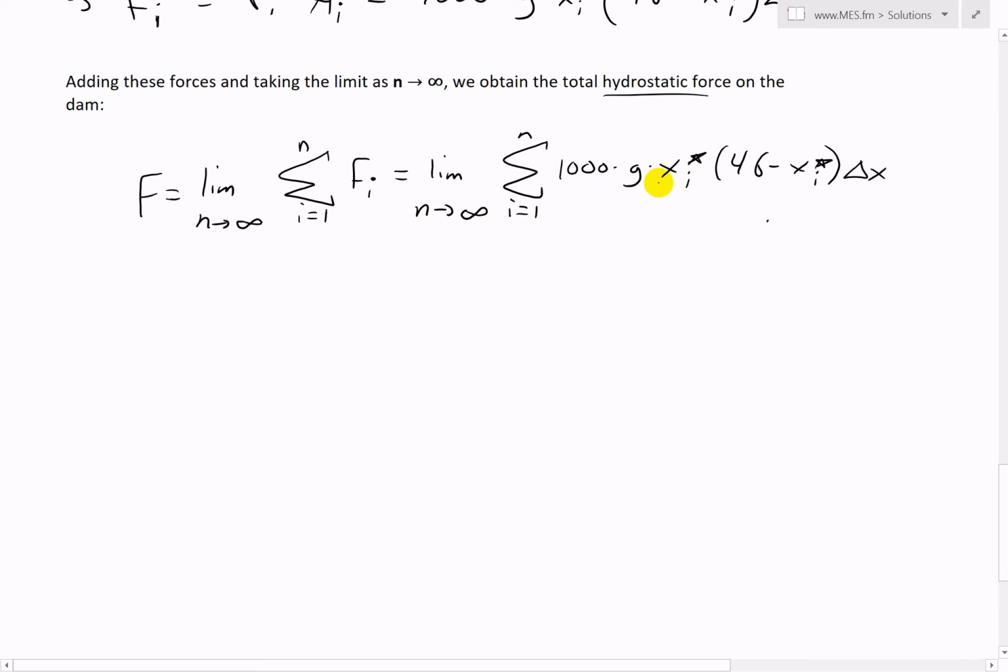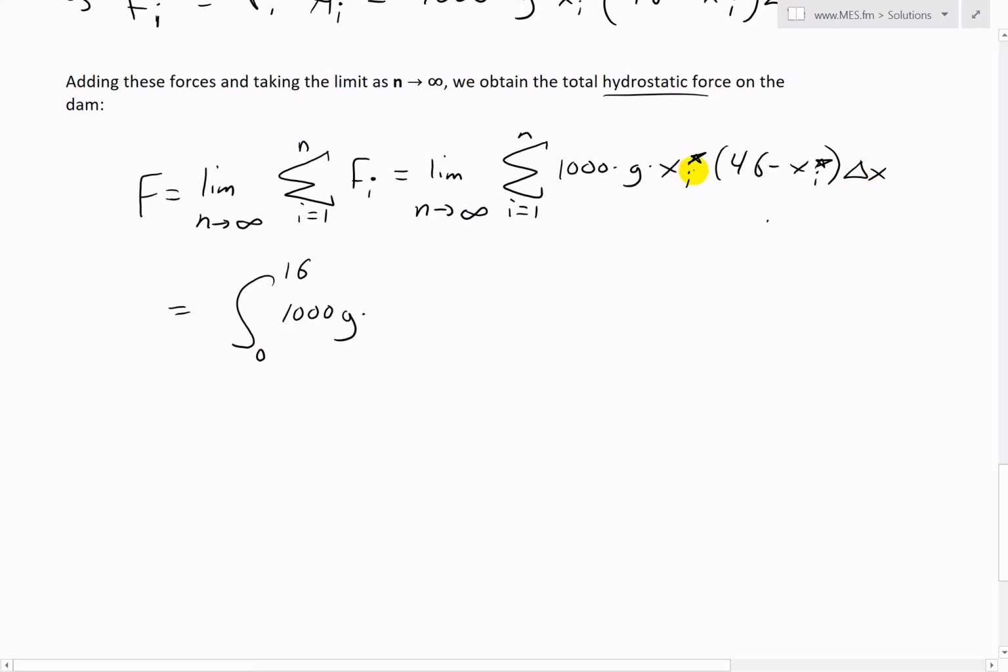Now this is a Riemann sum, so by definition you can write it as an integral from 0 to 16, because that's what our meters are. So from 0 meters to 16 meters of 1,000 times g times xi star. When we look at an infinitely small delta x, we get dx.